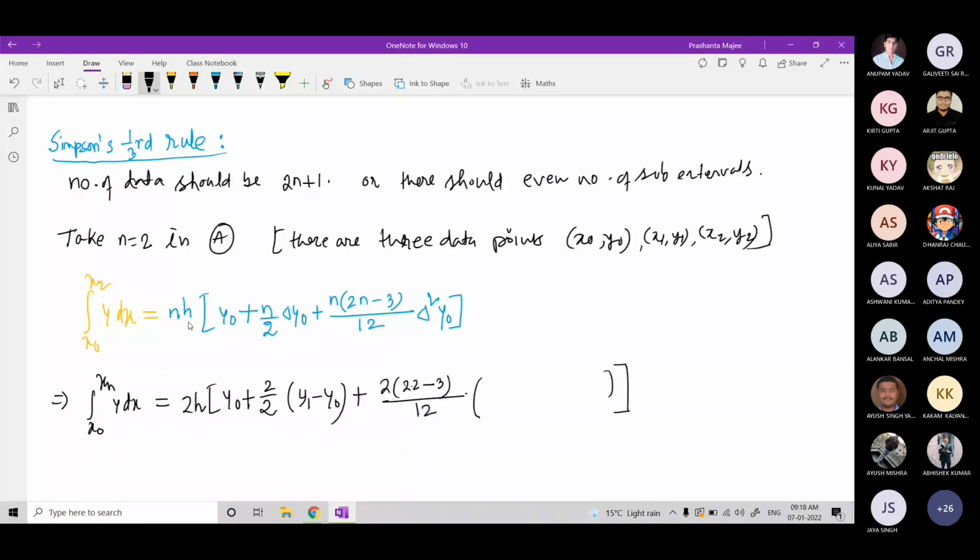What is del square y0? y2 plus 2y1 plus y0.